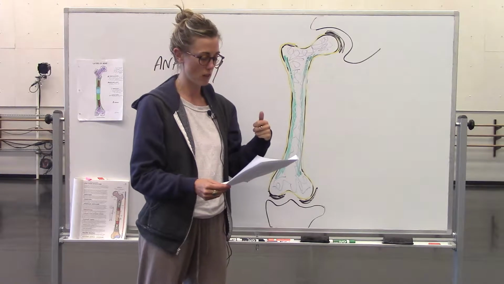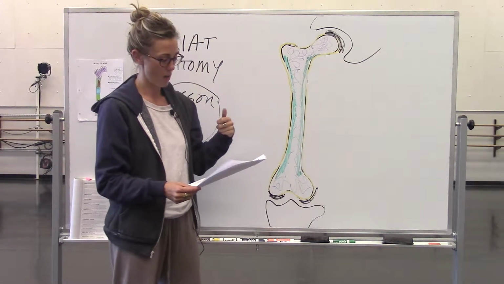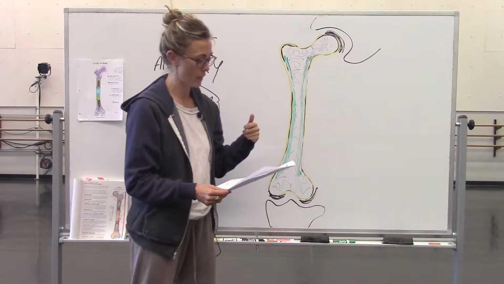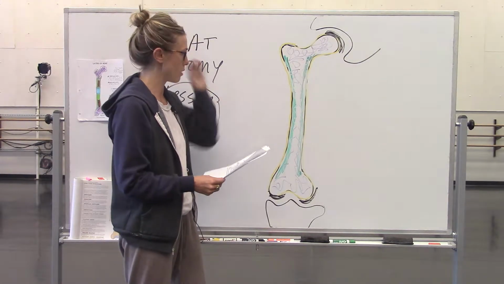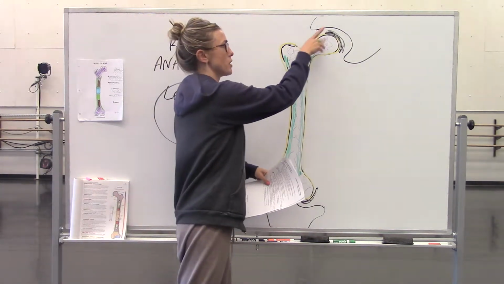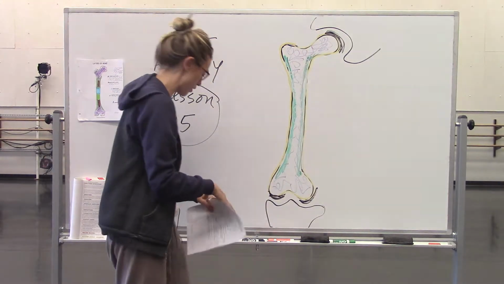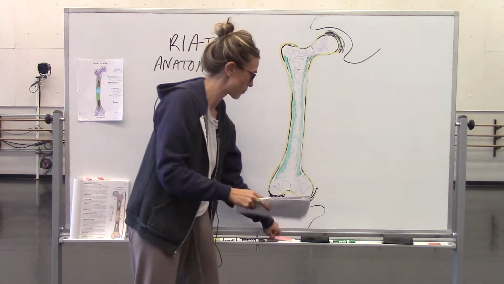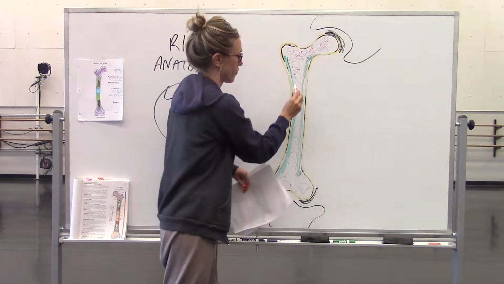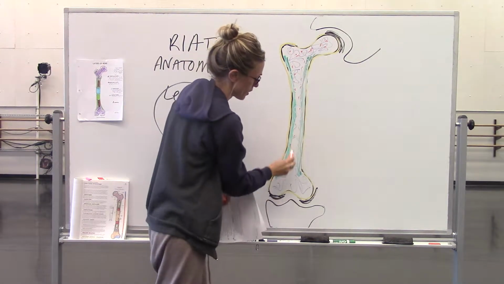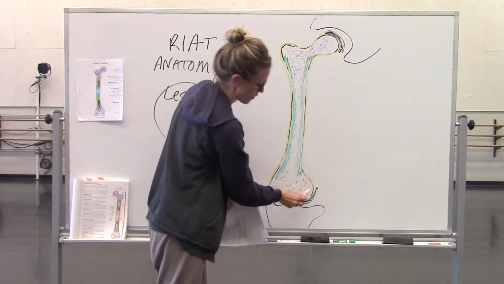It also organizes along lines of stress. Trabecula means small beams, and the spaces between the little beams are filled with marrow. So you can imagine bits of bone marrow throughout this trabecular bone.